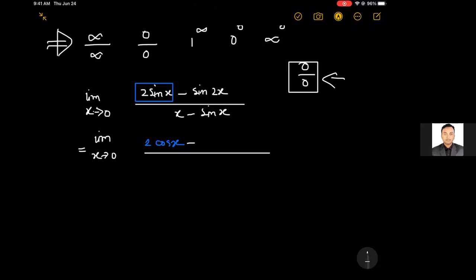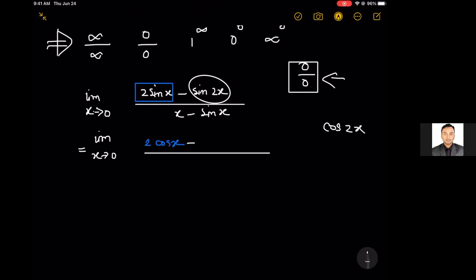Chain rule. Very good. We know that for a sine function, we expect a cosine function as the derivative. So if we have sine 2x, we should have cosine 2x.